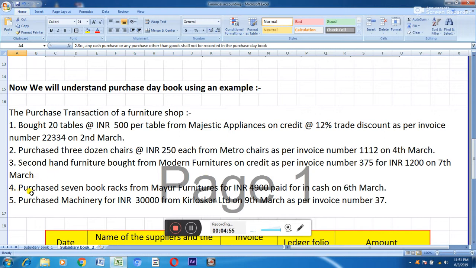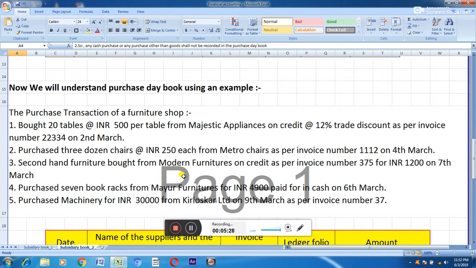Next transaction, purchased 7 book racks from Mayur Furnitures for rupees 4,900, paid for in cash on 6th of March. Transaction number 5, purchased machinery for rupees 30,000 from Kirloskar Limited on 9th of March as per invoice number 37.